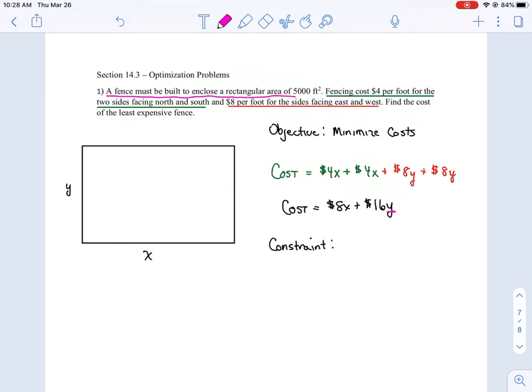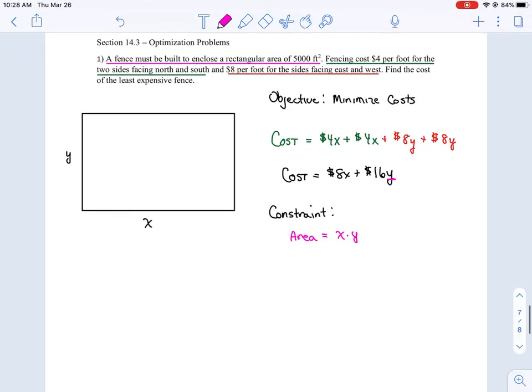So the constraint in this problem is the fact that there's only 5,000 square feet of fencing. So the area of that rectangle is equal to x times y, which means 5,000 is equal to x times y. So y is equal to 5,000 divided by x.